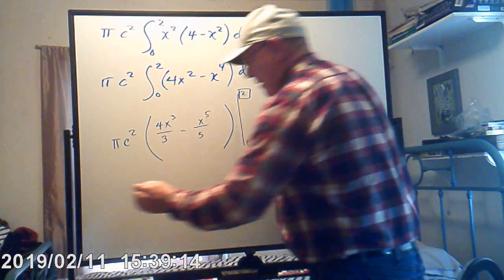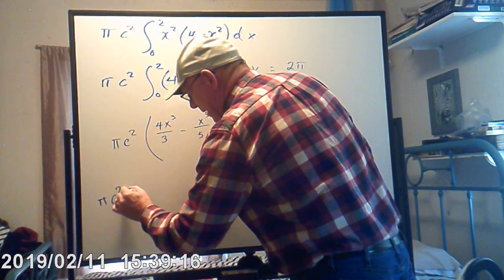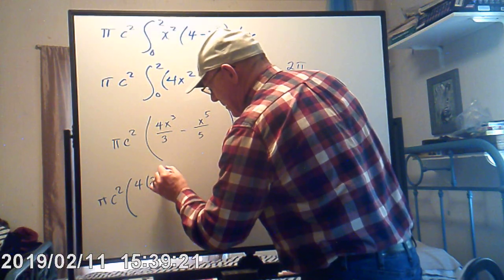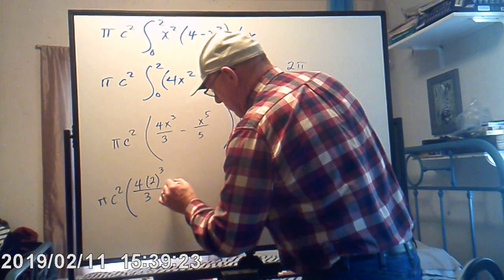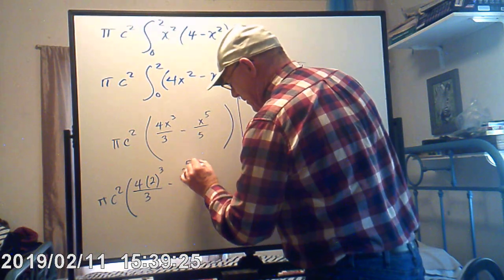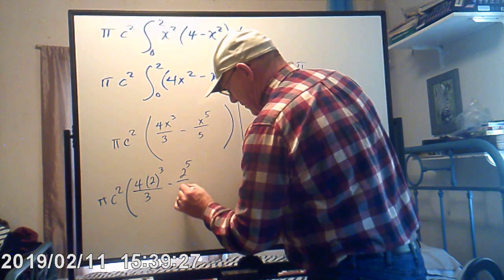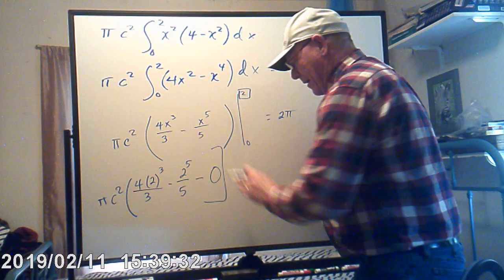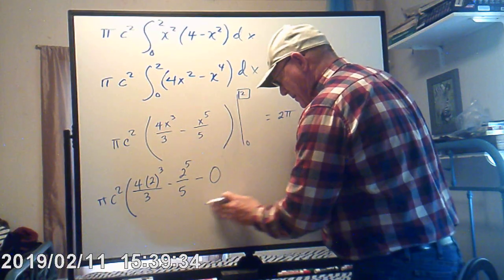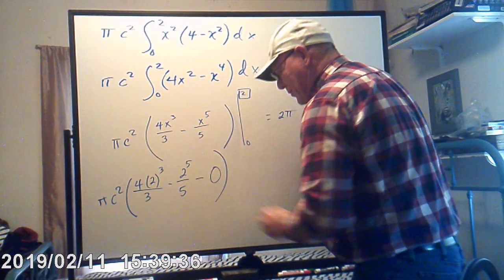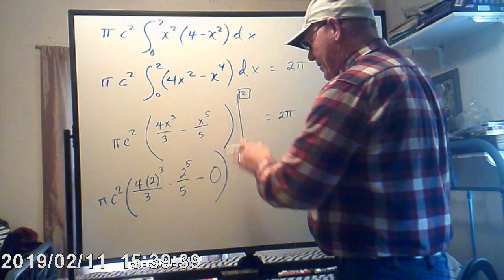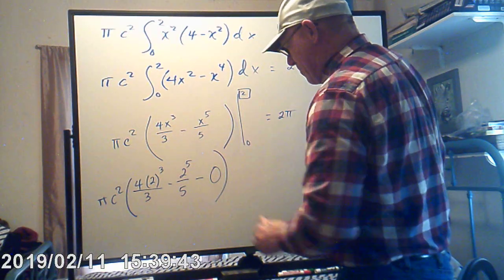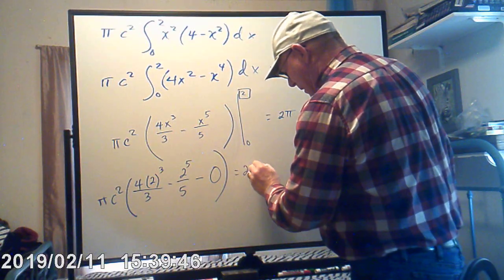So here we go: pi c squared times 4 times 2 cubed over 3 minus 2 to the fifth over 5. And then you want to put a big minus 0 there, probably to show the graders that you understand what this 0 is. Remember, it is equal to 2 pi.